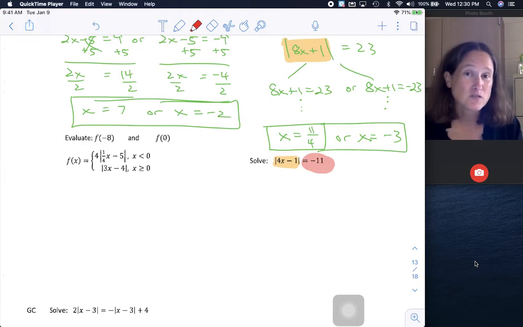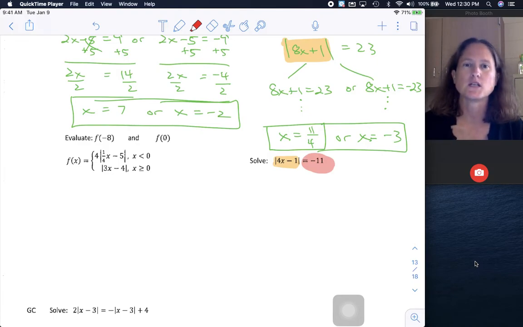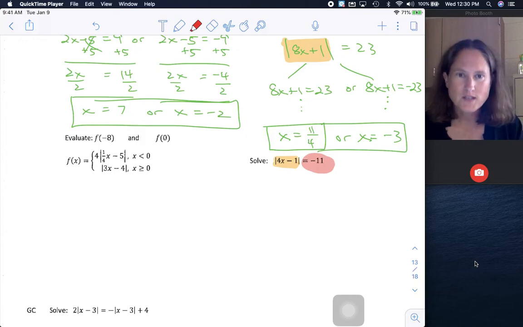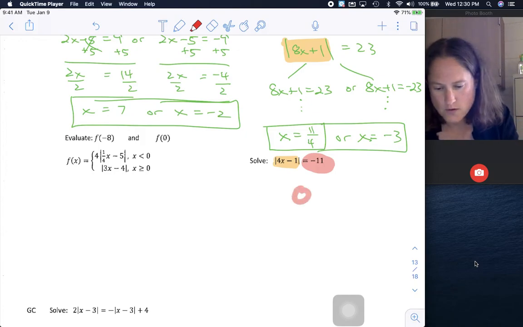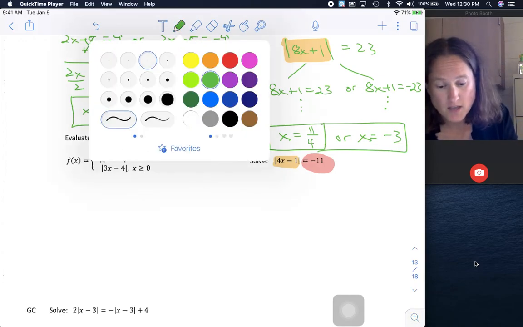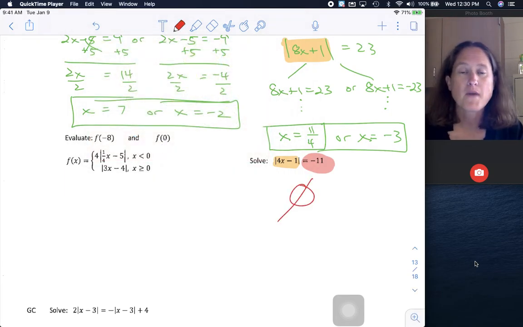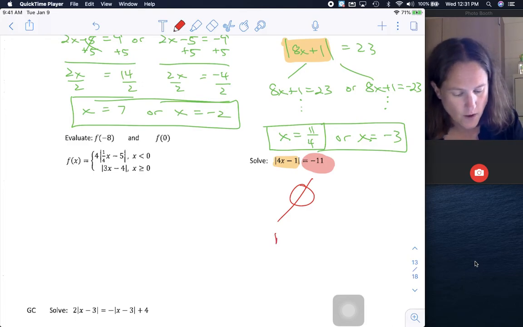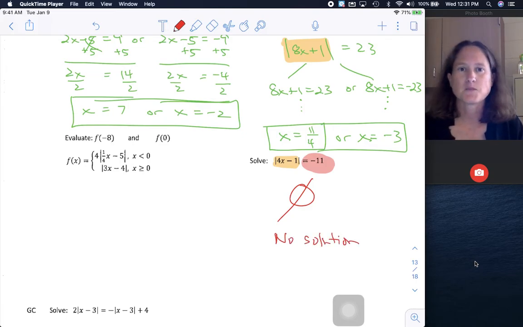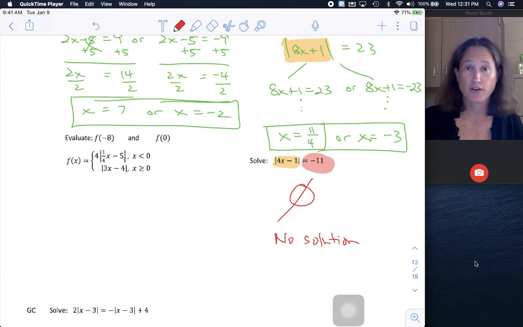The absolute value of negative 11 is still 11. So for that reason, there is no solution here. There's no answer that I can put in for x that will make this equation true. You can either put the 0 with the line through it, or you can write no solution, however you want to do that. But that's basically what it's saying. Impossible, can't do it.